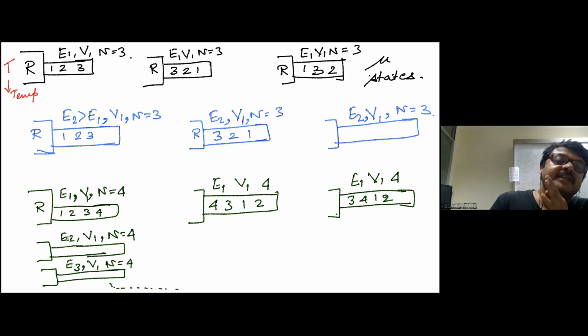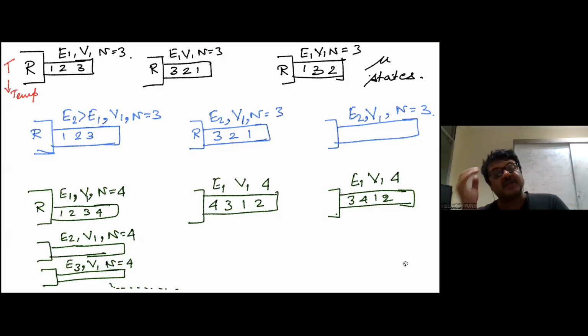And now when energy changes, you would have another set of microstates. And when you have energy E3, which is different from E1 and E2, and N equal to 4, you would have more sets of microstates. And similarly, if you go on with N, the number of particles in the system, you would have a huge number of microstates where not only energy can vary.